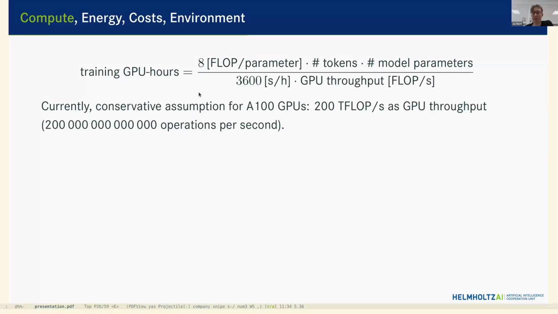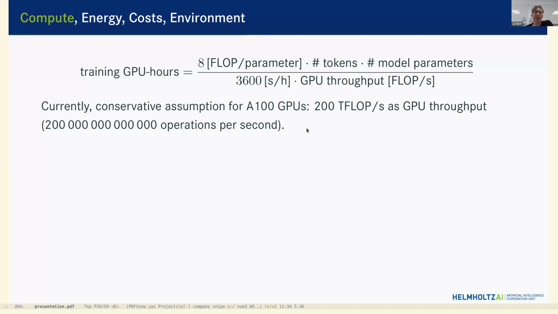And we like to express how many GPU hours it takes to train something. So assuming that we used a single one of these GPU chips to train our network, how long would it take? That's what the GPU hours are.